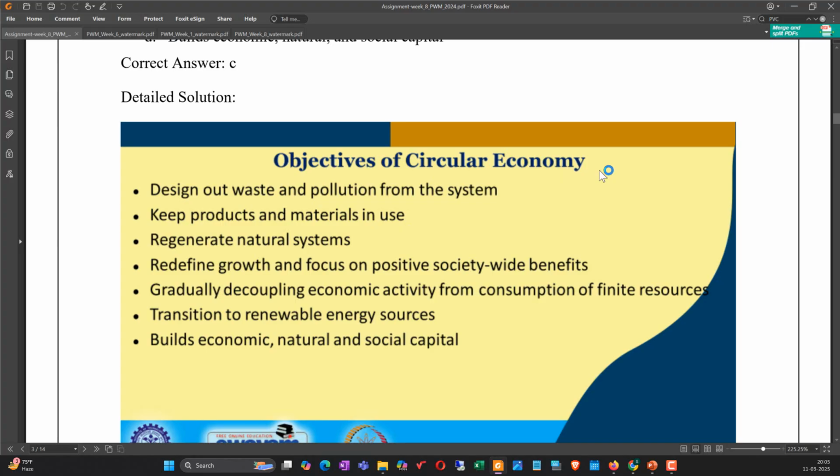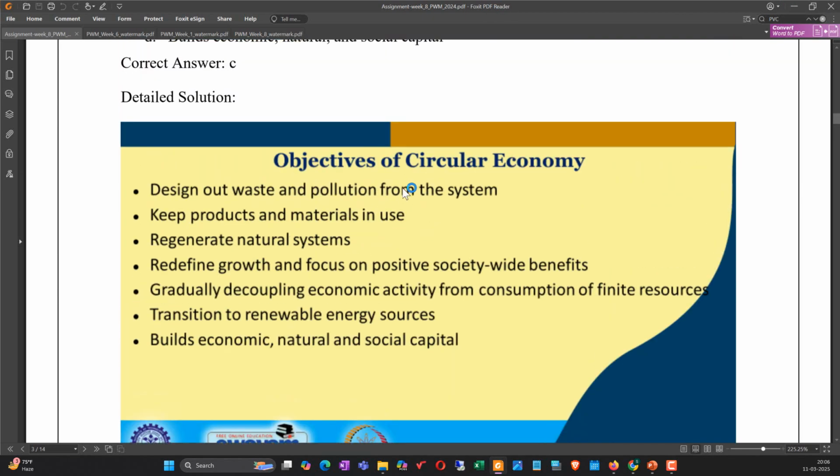The objectives of circular economy: the first point is design out waste and pollution from the system; keep products and materials in use; regenerate natural systems; redefine growth and focus on positive society-wide benefits; gradually decouple economic activities from consumption of finite resources and transition to renewable energy sources; build economic, natural, and social capital.